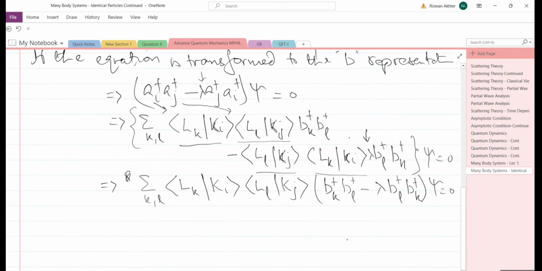So now we have this set of equations. If this is to give 0, that is, on the right hand side we have 0 for any initial state psi, then this means each term on the right hand side must be 0 for any value of k and l. This is basically when we say that if the equation above is 0, then it can only be 0 if each term on the right is equal to 0.